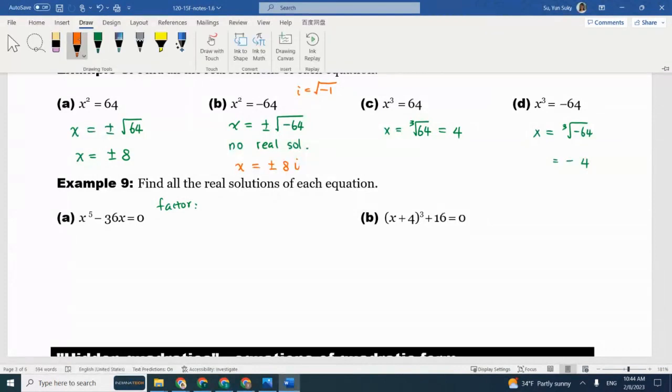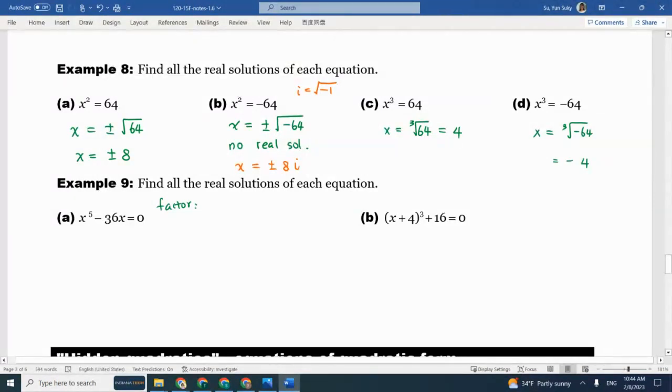I want to show you a wrong solution. And you tell me what is wrong with that. Okay, so I add 36x on both sides. I get x to the fifth is 36x. And then divide both sides by x.